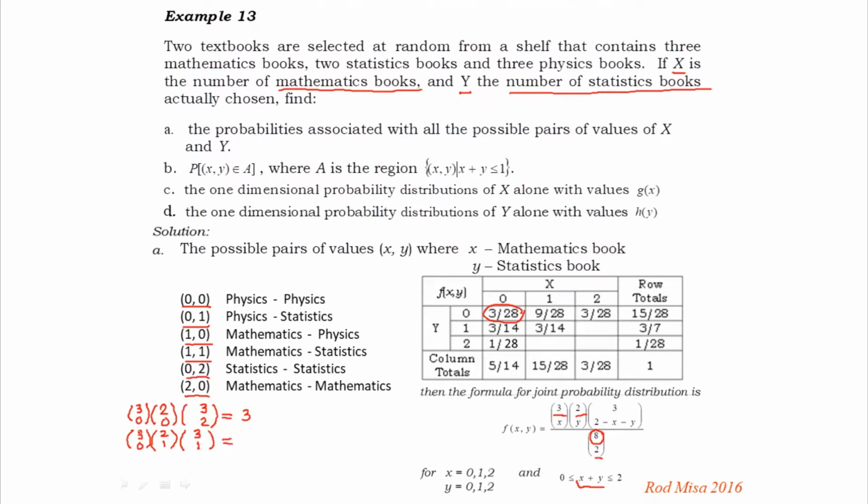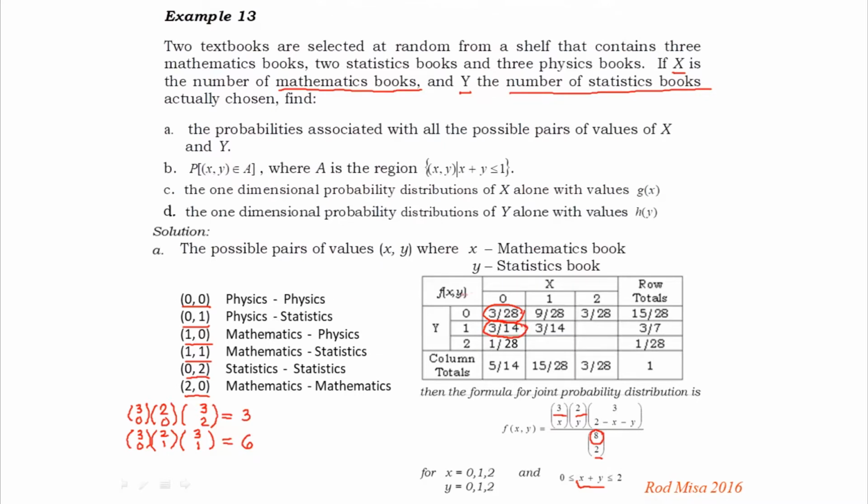So 3 taken 0 is 1, 2 taken 1 is 2, and 3 taken 1 is 3. So 2 times 3 is 6. Therefore, the probability value when your x is 0 and your y is 1 is 6 over 28. And in reduced form, this is 3 over 14.